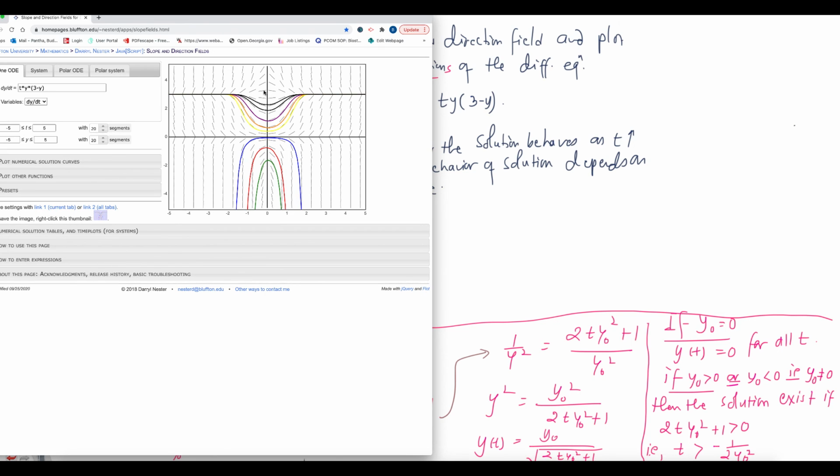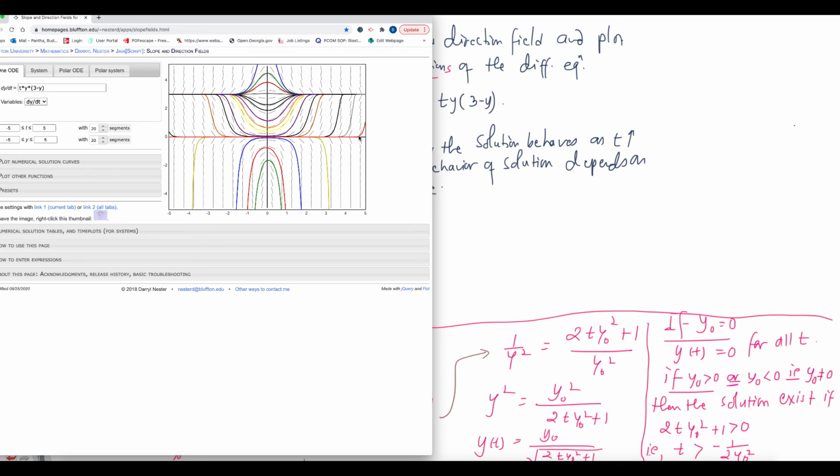All the solutions are approaching 3, y equals 3, right? For any initial value greater than 0, it is going to 3. Any initial value less than 0, it is going to negative infinity. But if the initial value is exactly 0, then in that case you will get y equals 0.